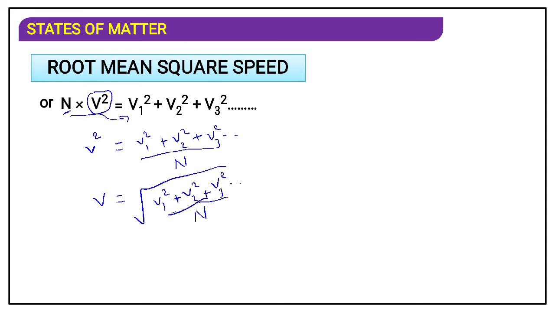This is the root mean square velocity. We can write it as vrms, urms, or crms. Any of these can be used.